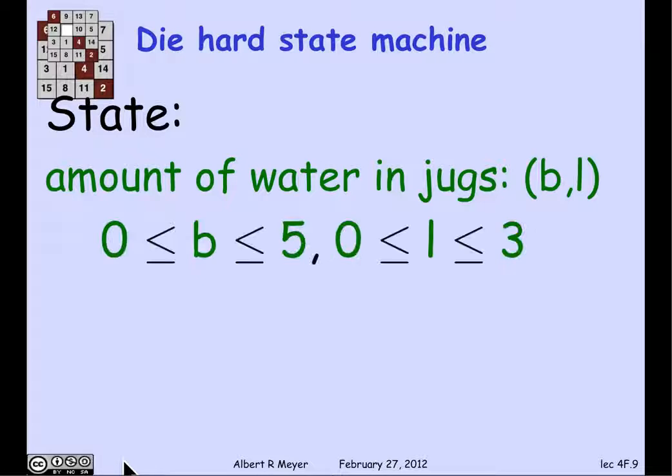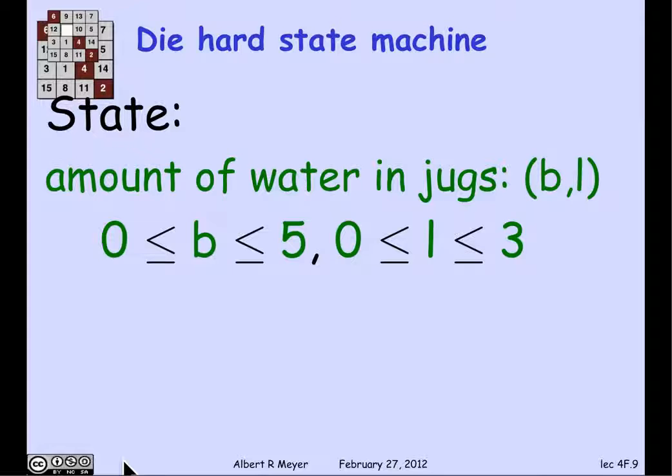And what we know about B and L is that they're going to be some amount between 0 and 5 for B and 0 and 3 for L, where we're going to quickly realize that we need them to be integers, but offhand we can allow them to be real numbers, because after all, you could just pour some arbitrary amount of water into the big jug, any amount that it'll hold between 0 and 5, although that'll be dangerous, because as soon as you do that, you're going to lose track of exactly how much is in there, and you won't know when you have 4 gallons or not.